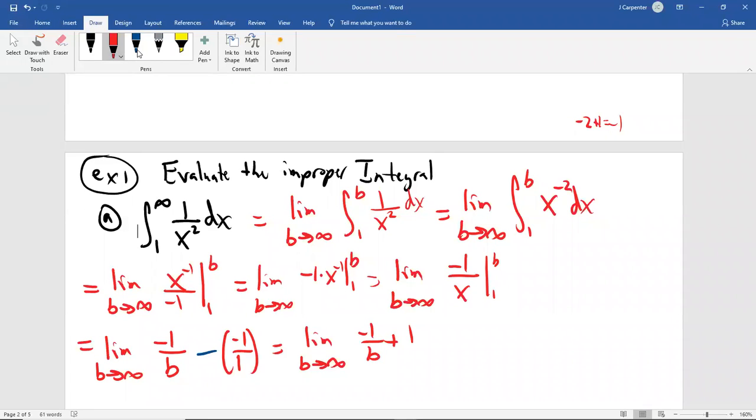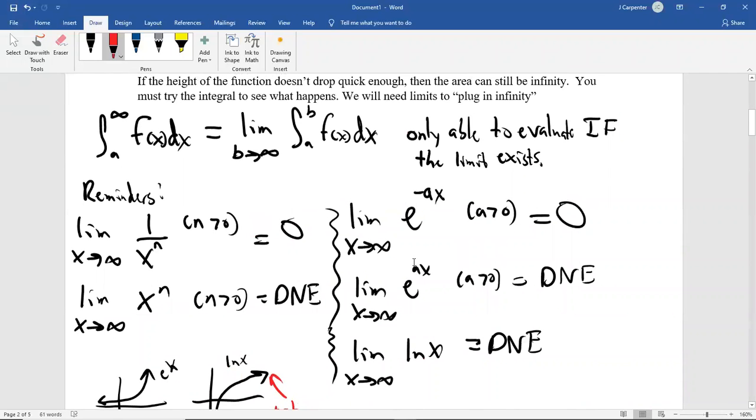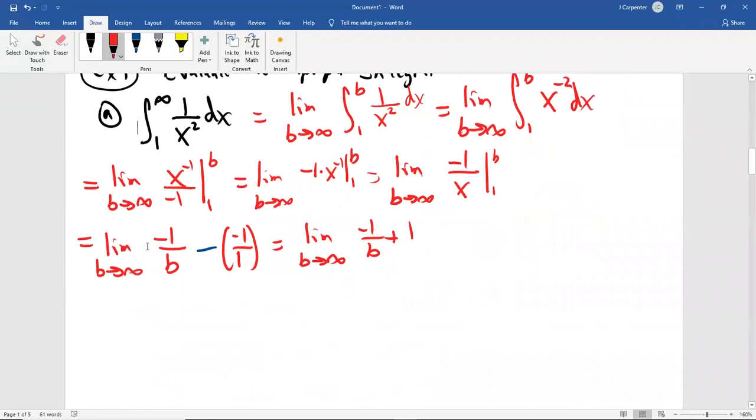We are now at the point where there's no more math to do. This is where we should be plugging in b. Now that b is in the bottom, and it doesn't have an exponent written, so it's a positive 1. And we said earlier, now we use x's instead of b's. It doesn't matter what letter this is. If you have 1 over something with a positive exponent, when you go to infinity, it goes to 0 because the bottom is going to get bigger and bigger and bigger, which makes the whole thing get smaller and smaller and smaller.